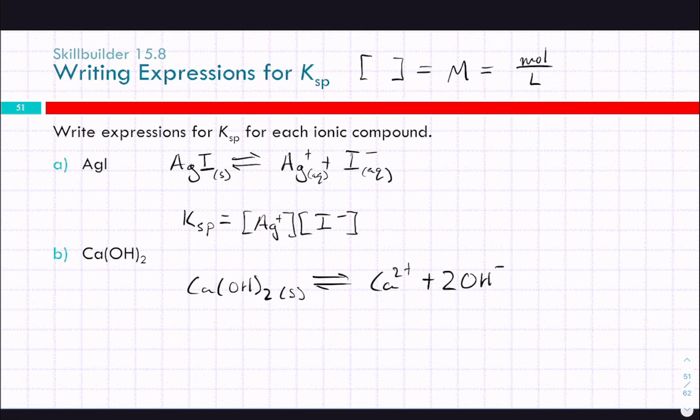So we get two separate ions out of there, so we need to put them in parentheses with the subscript. Okay, and then Ksp equals the concentration of Ca2+ times the concentration of OH-, and then because it has a coefficient of 2, we'll square that.